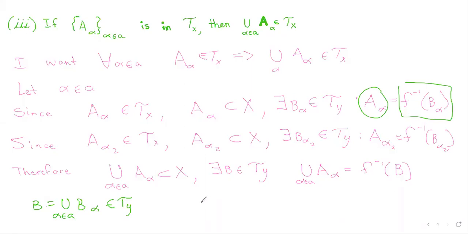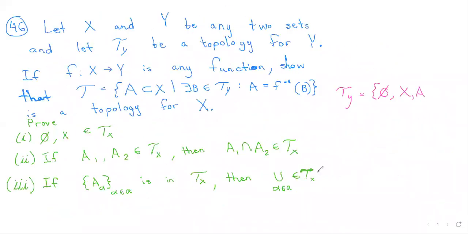So then the union of alpha in A for A sub alpha does exist in tau X. Therefore, we proved all three conditions, and this is a topology for X. So we can write that to show that it's a topology for X.